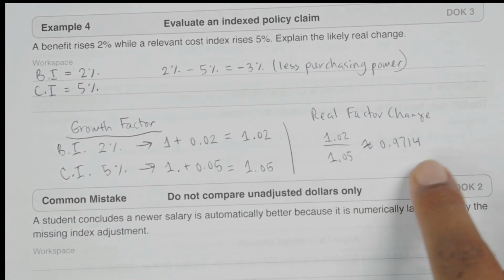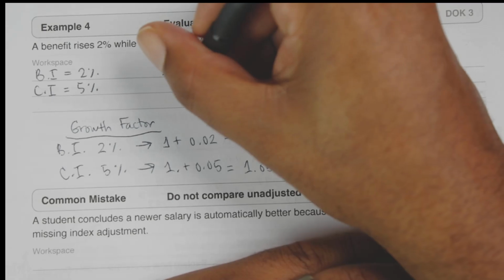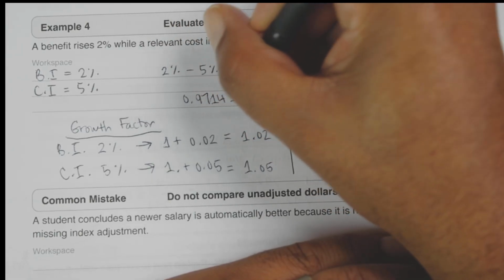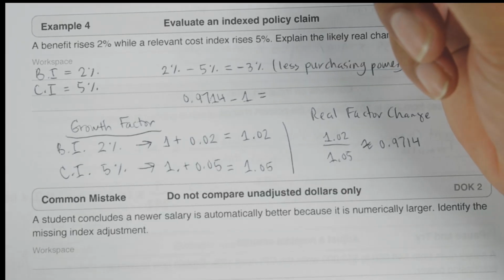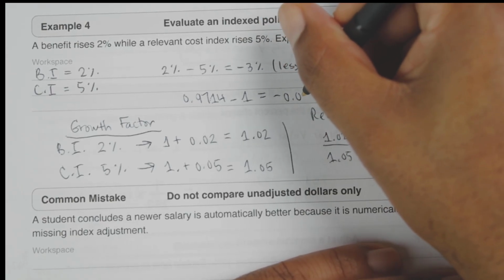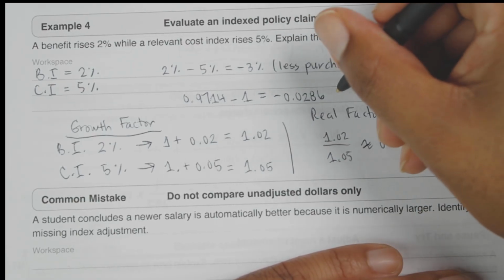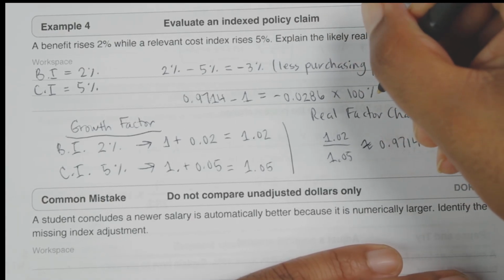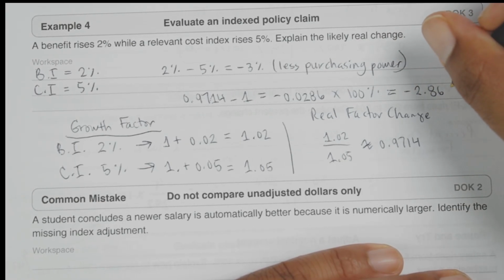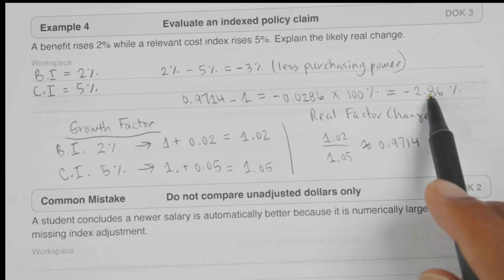Then we subtract 1 from that, and we would end up with negative 0.0286, right? And then when we convert that to a percentage by moving the decimal, we would end up with negative 2.86%. So purchasing power actually decreased, right?